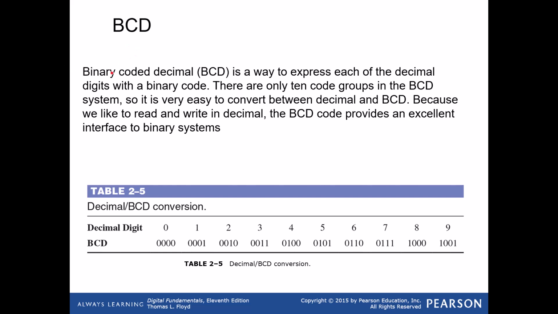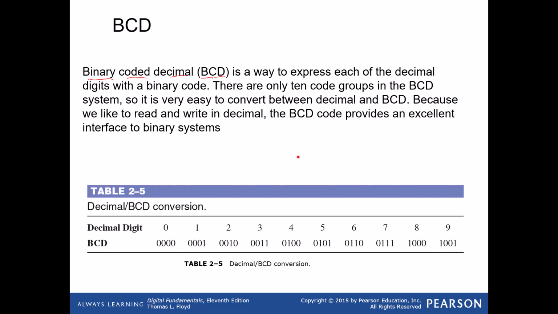This is called binary coded decimal, or BCD. The idea behind it is, as we noticed, sometimes adding numbers or doing some operation in binary is fine if the number is small, but if the number is big, then conversion can be cumbersome.